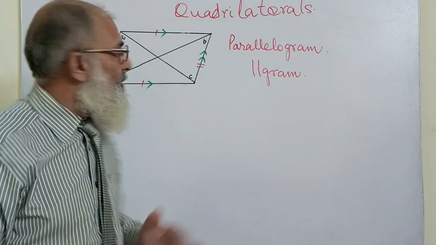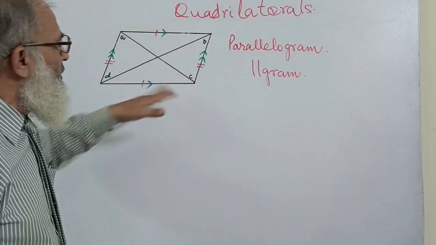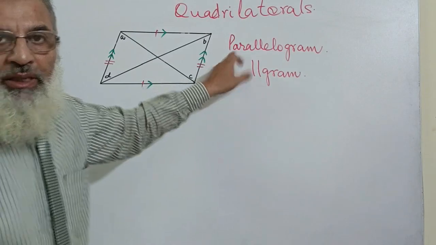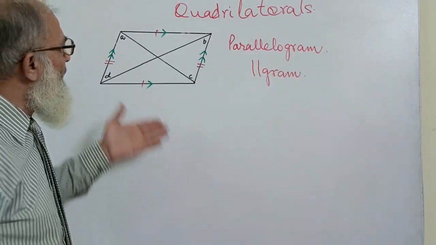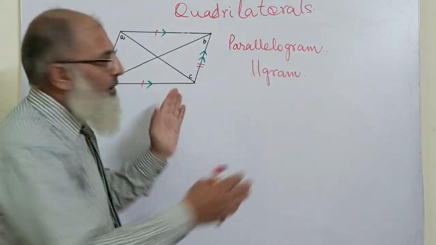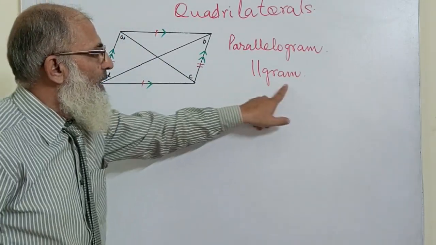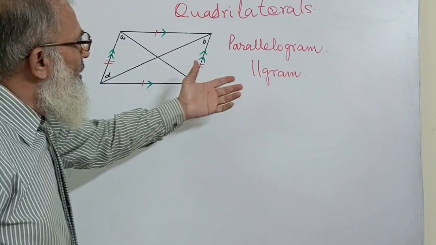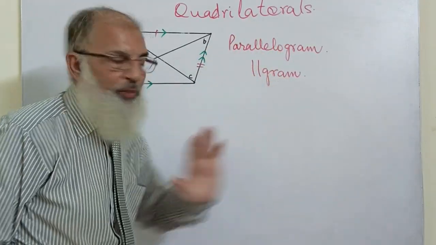Now my dear students, I have drawn a figure. Now this is a parallelogram as it is written, and the name implies that it is also written like this: two parallel lines, gram. If you want to write this, okay, no problem.